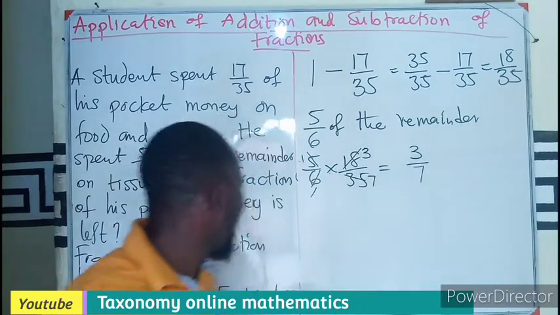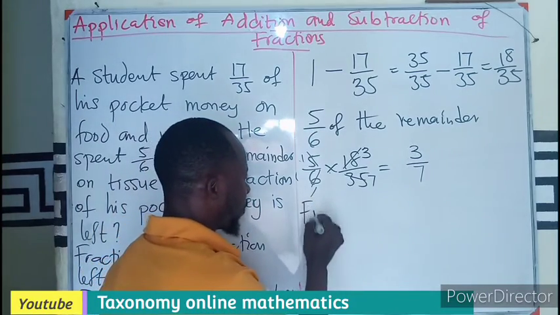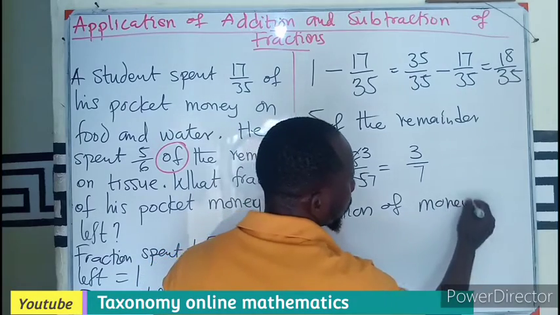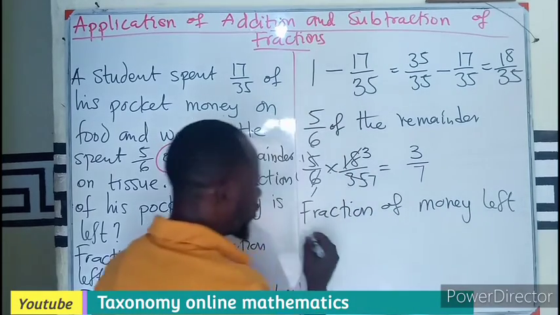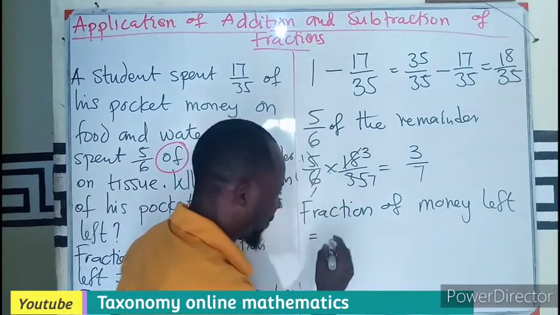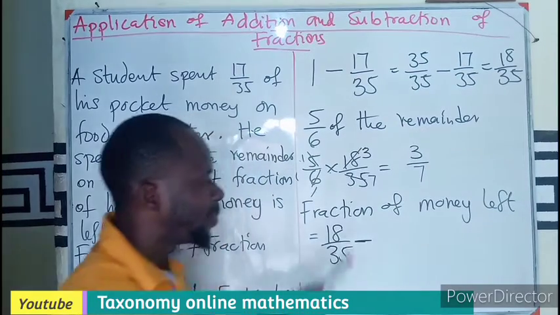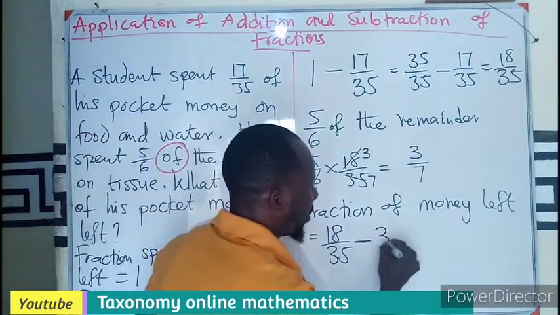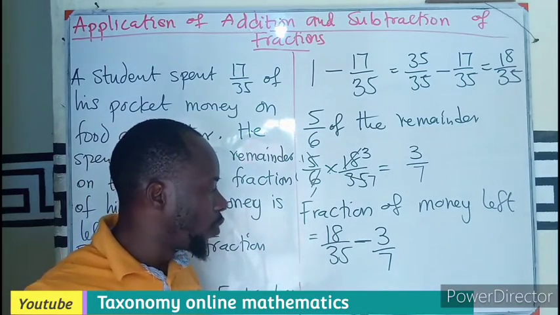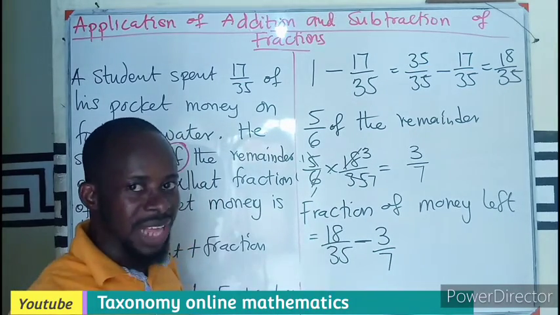So if I'm asked to find the fraction of money left, it's going to be the amount I am having in the pocket now, which is 18 over 35, minus my expenditure, which is now 3 over 7. So for this subtraction, we can use our butterfly approach or we can use the common factor approach.